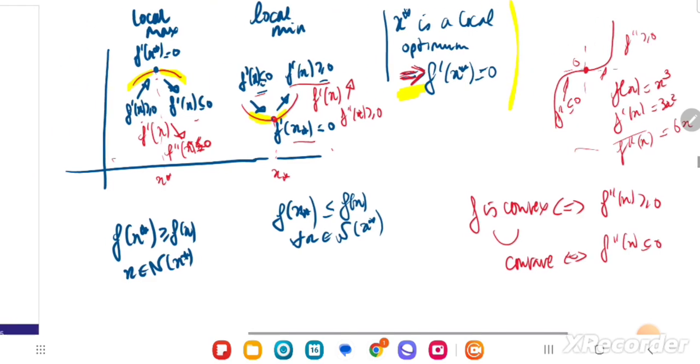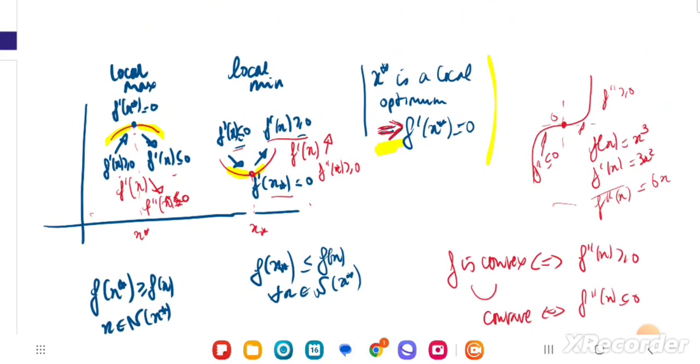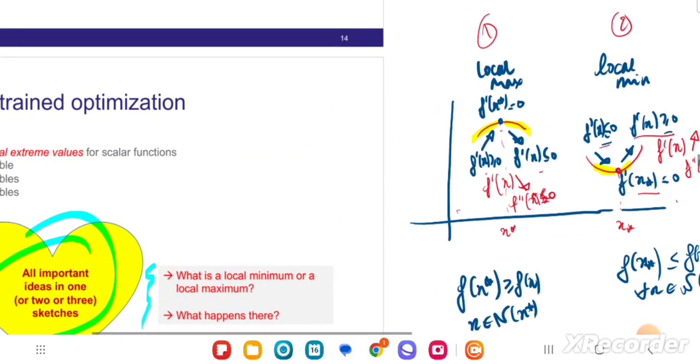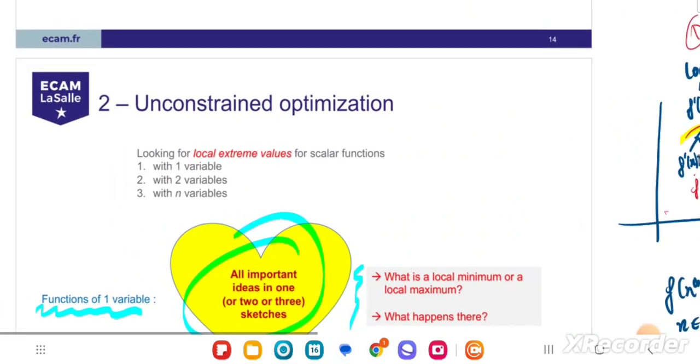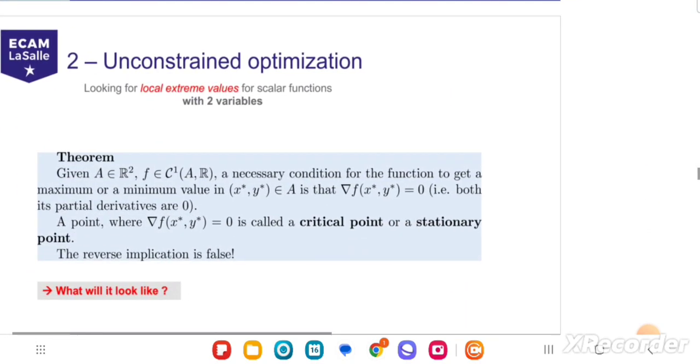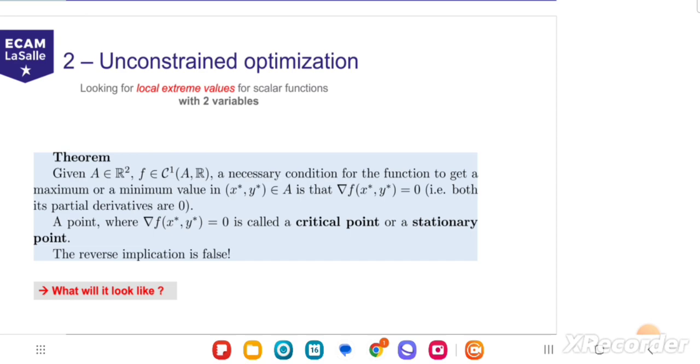So these are three drawings, a bit more than 2, that you are probably very used to by now, but really know how to redo this reasoning, because all the ideas are here. We are just going to extend these ideas to more than one variable. That's going to be the next section, the next theorem.